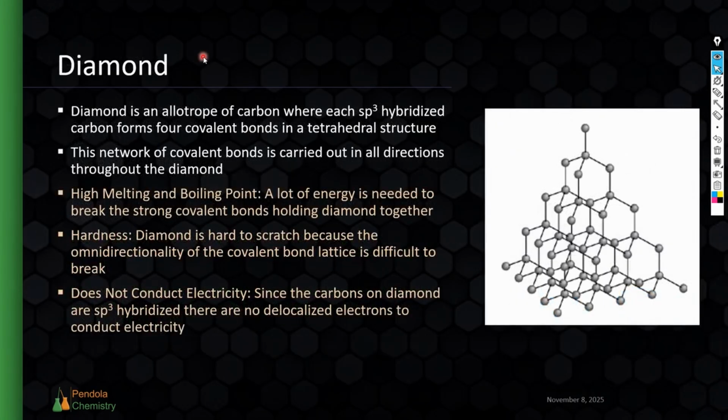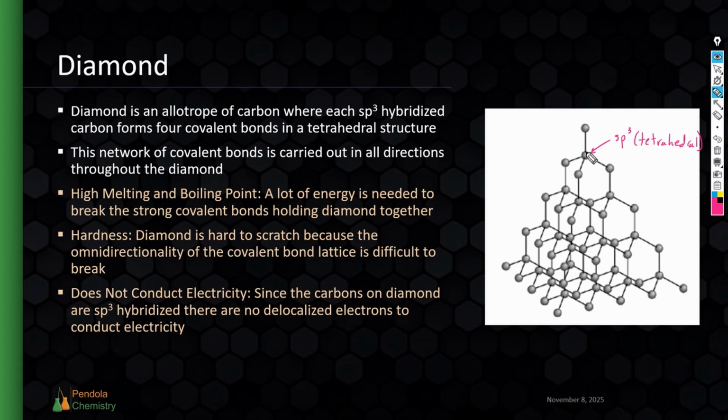And that other allotrope is diamond. Diamond is an allotrope of carbon where the carbons are sp3 hybridized instead of sp2 hybridized, like in graphite.